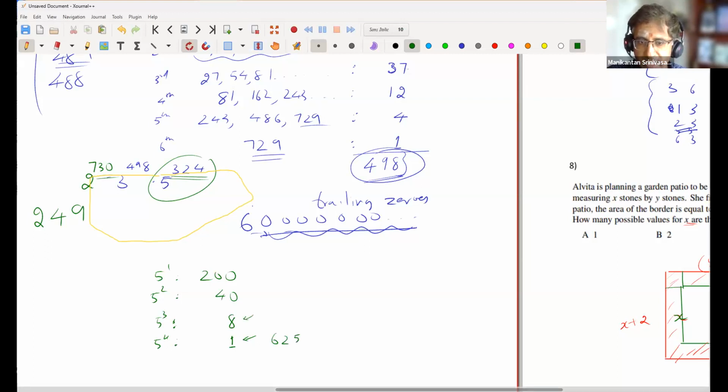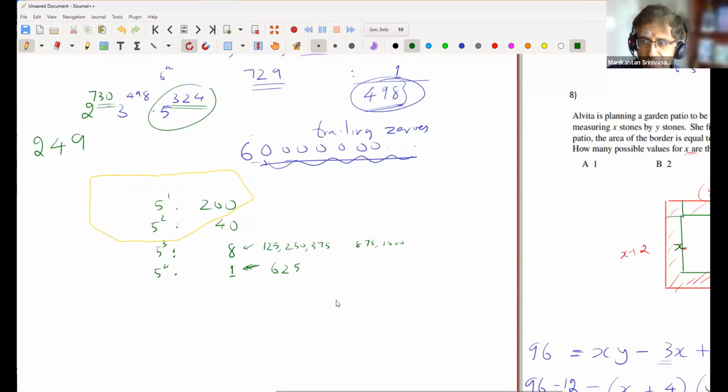And what are these 8? These are the 125, 250, 375, all the way till 875, 1000. Those are the 8s. And then the single one, which has 5 power 4, namely 625. The next one jumps beyond 1000. So yes, indeed, it's 249. Does it make sense, guys? All of you.